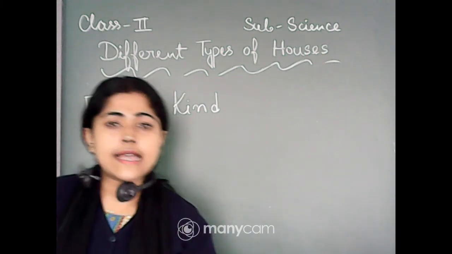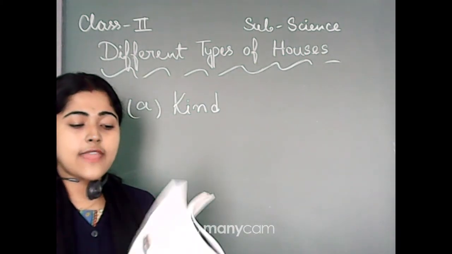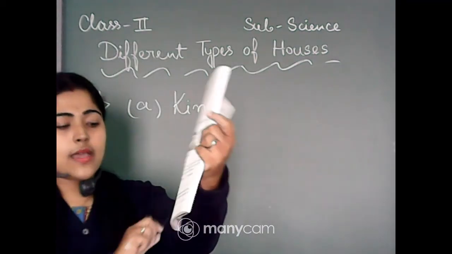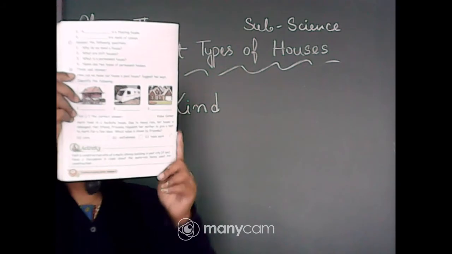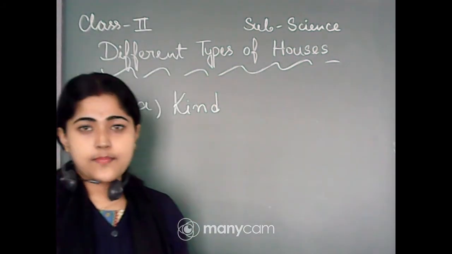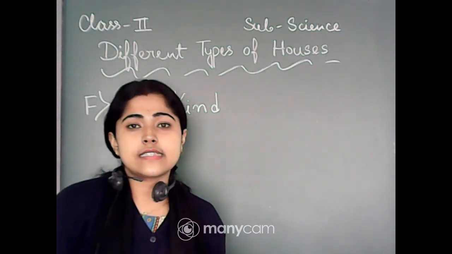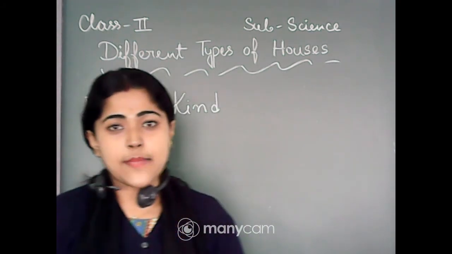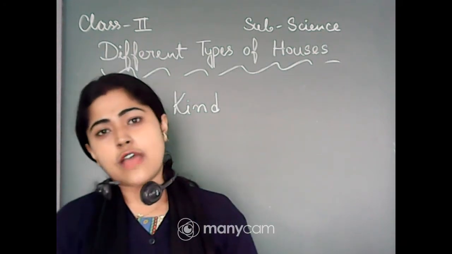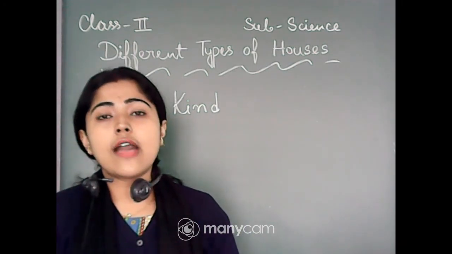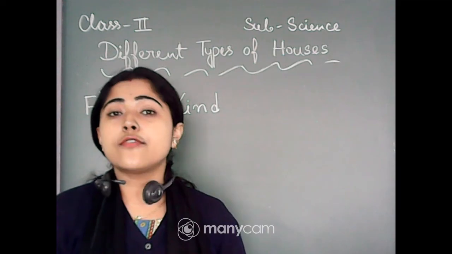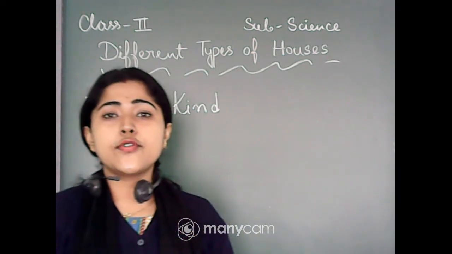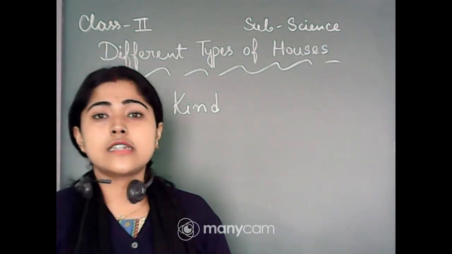So today we completed the rest of the exercise on different types of house. That's page number 54, and here we completed this chapter's exercise also. In the next class we will proceed to your next chapter, safety habits and first aid. Till then you have to read the previous chapter, different types of house, very attentively, and remember that there are some kinds of house.